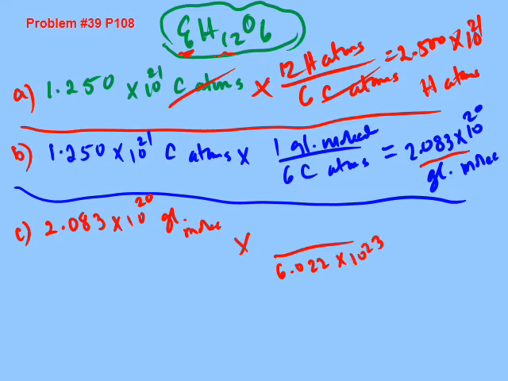That makes a mole of glucose molecule. This gives me 3.460 times 10 to the power minus 4 mole glucose.